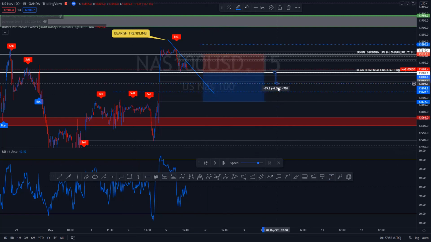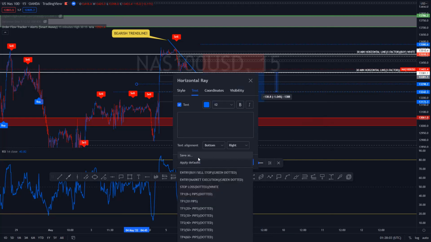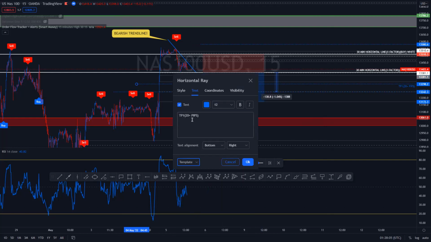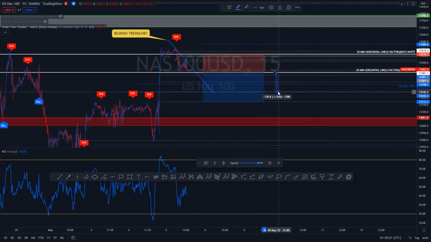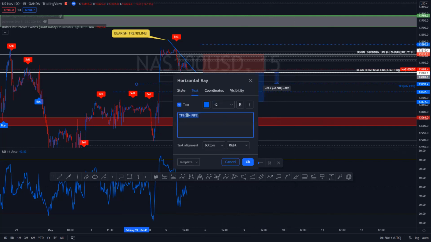And then coming down here, this would be my second one. So then basically, I would just label my take profits. So the first one here would be 780 plus pips of NAS.